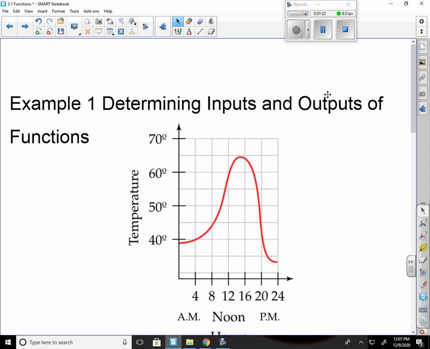All right, example one, determining inputs and outputs of functions. So draw this little chart I have here. Well, it's not a chart, it's a graph, but draw the graph.